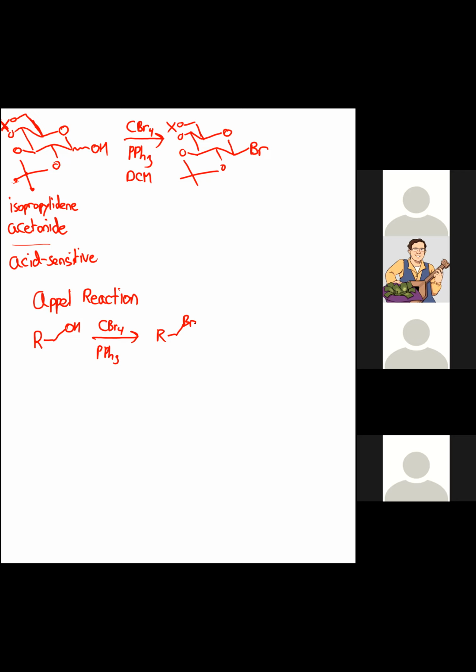And this is a weird reaction. Mechanistically, it's really cool. I love it. So there's not a lot of things here. And what I can say is the alcohol on its own doesn't do anything with either of these species. So the first thing you have to do is react these two guys together.